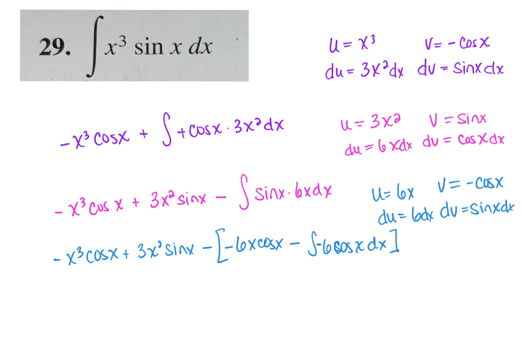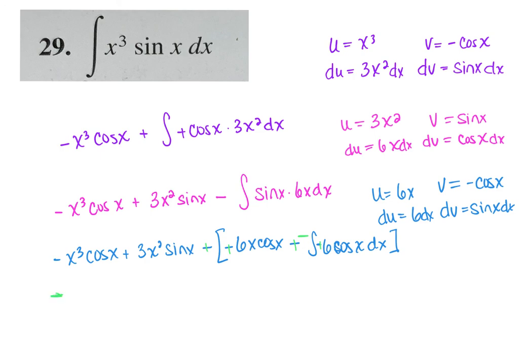All right. Pay attention to your positives, negatives. If I pull this negative 6 out, that's going to be a positive there. But then when I distribute, that's going to be positive, and that's going to change that back to negative. Does that make sense? So these two negatives made it positive, but when I distributed the negative, it made it negative again.